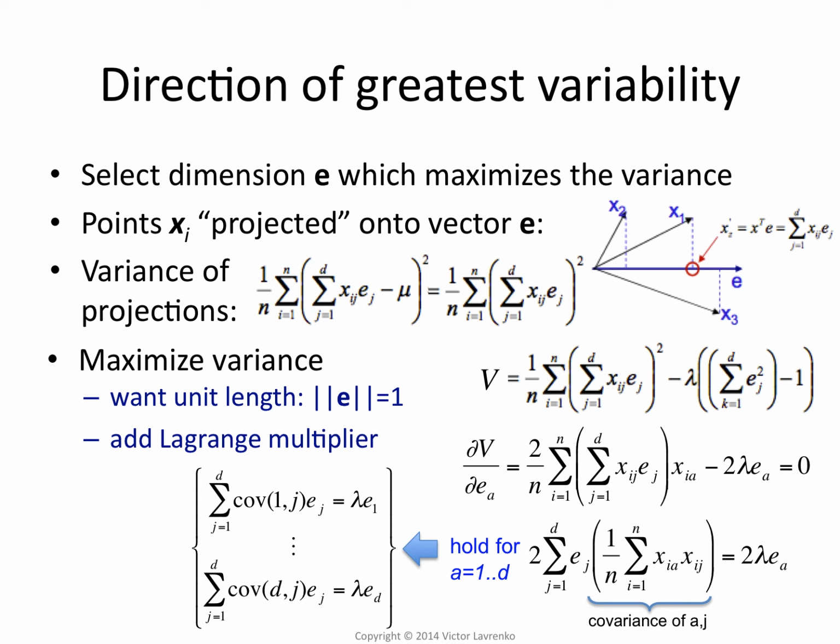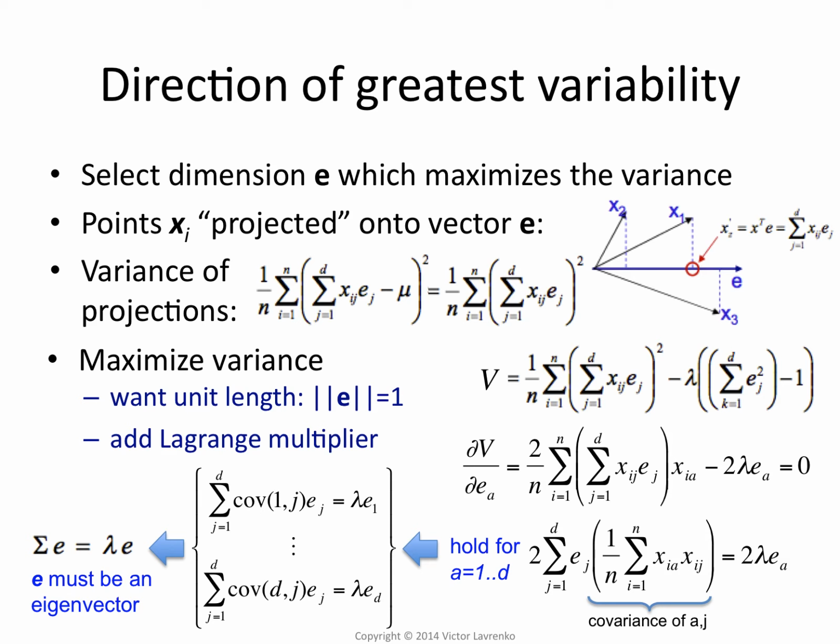In all cases, I'm multiplying by the same vector E. So really, what I'm doing is taking a covariance matrix and multiplying it by the vector E, just as a sequence of D equations. That is what this system of equations describes. I'm taking a covariance matrix sigma.